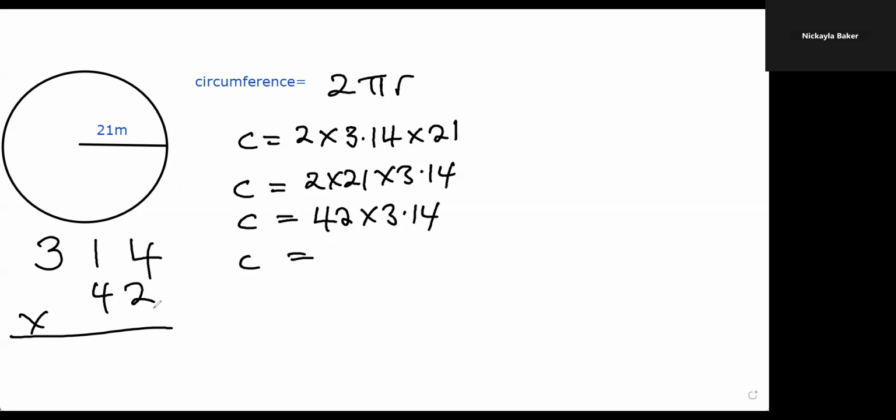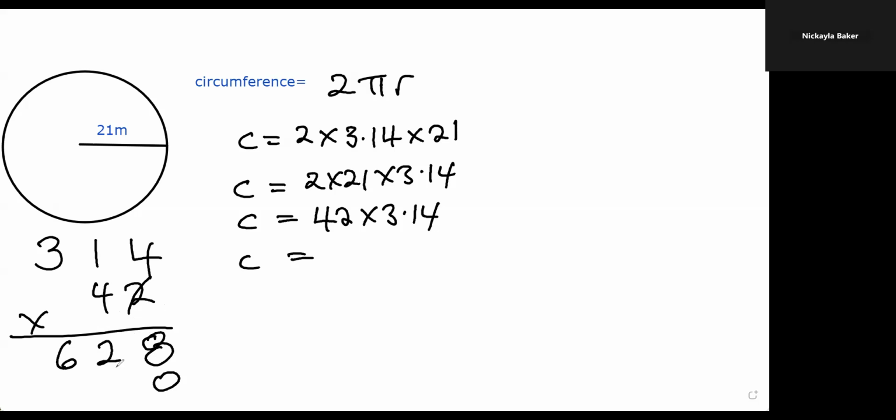Four times 2 is 8. 2 times 1 is 2. And 2 times 3 is 6. Cross out the 2. Put a 0 for a placeholder.